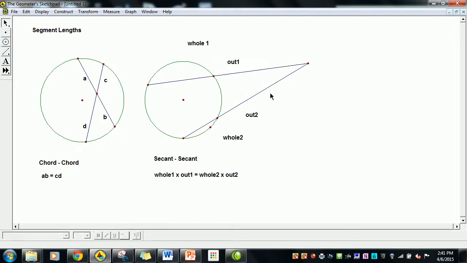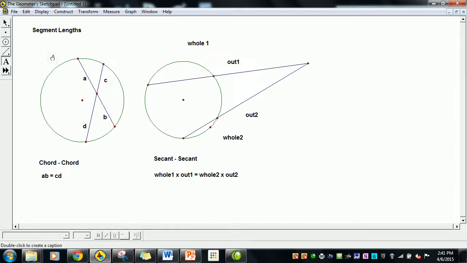So this length, whatever it is, of the whole secant times the outside length, which is from here to here, of the first secant is equal to the whole length times the outside length of the second secant. Okay, that's called the secant rule.